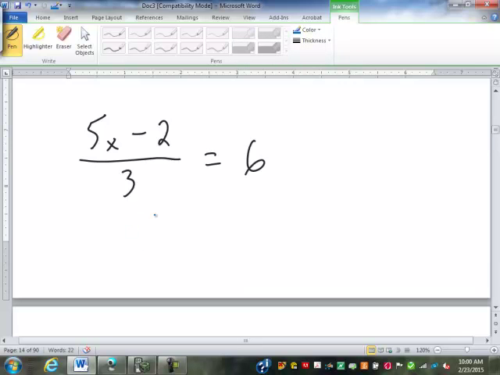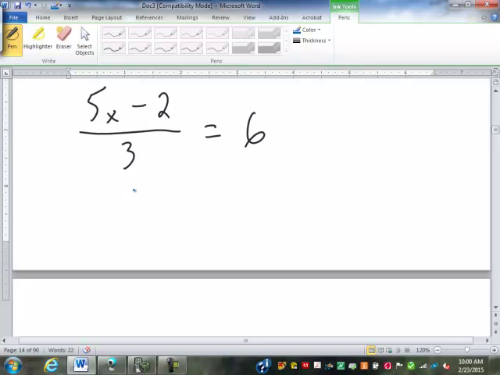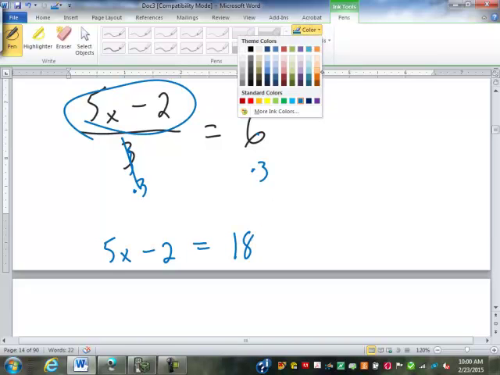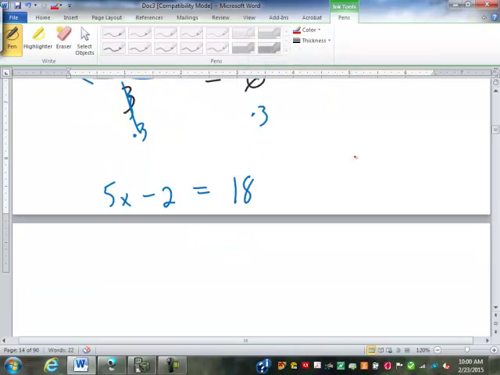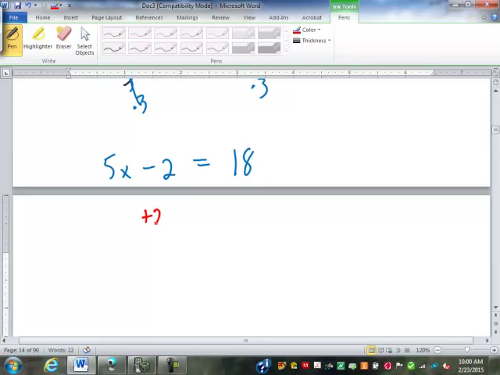Let's multiply by 3 to get rid of the dividing by 3. So all that does over here is it gets rid of the 3. So we still have 5x minus 2 over here. We have to multiply this side, though. 6 times 3 is 18. Then what? We add 2. So 5x equals 20. And then divide by 5. X equals 4.